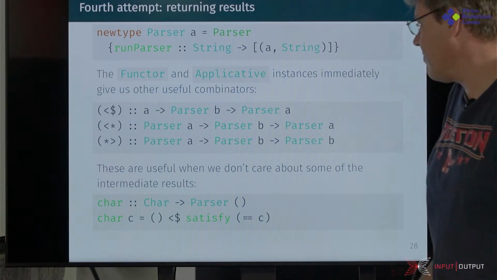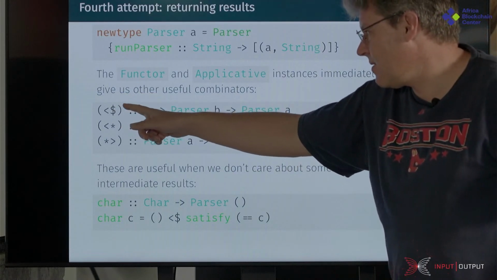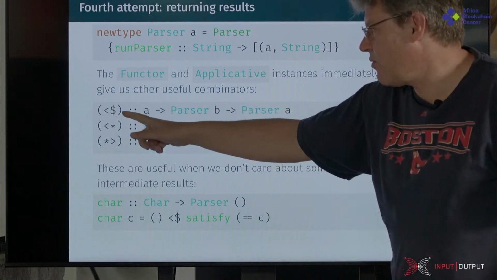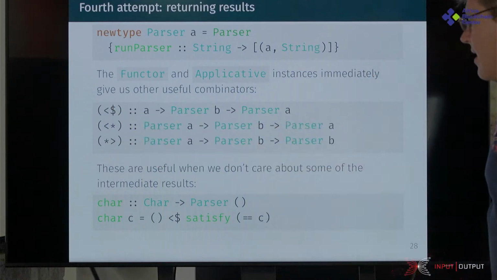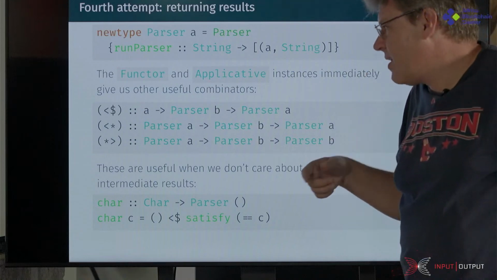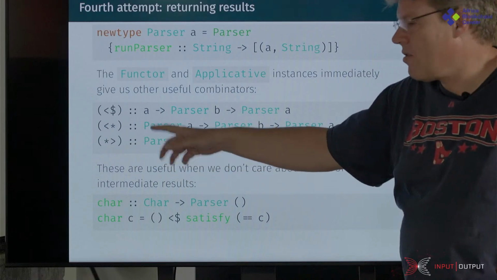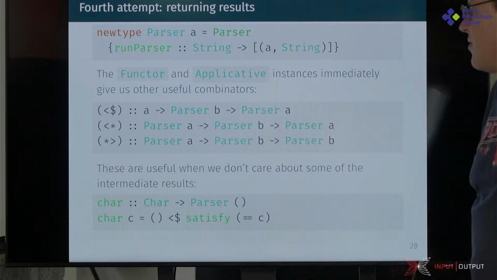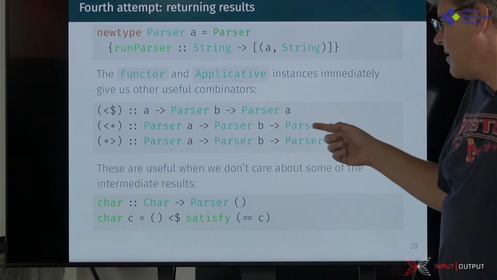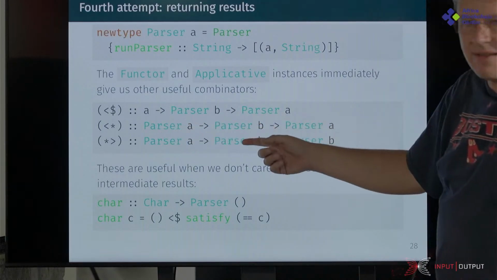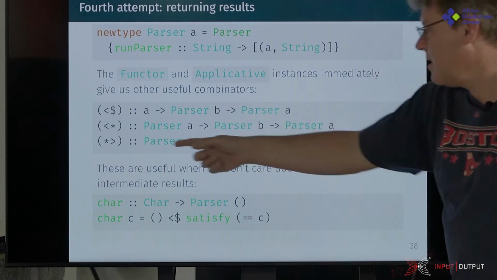We have seen this with angular brackets on both sides, and this is the star operator with angular brackets on both sides. Basically the mnemonic is, if you have the bracket missing on one side, you ignore the result there. So for example, this one here, parser A, parser B, it parses an A and parses a B, but it ignores the B and just returns the A.